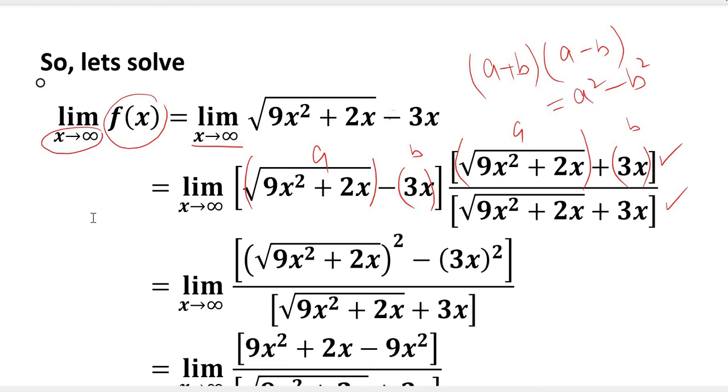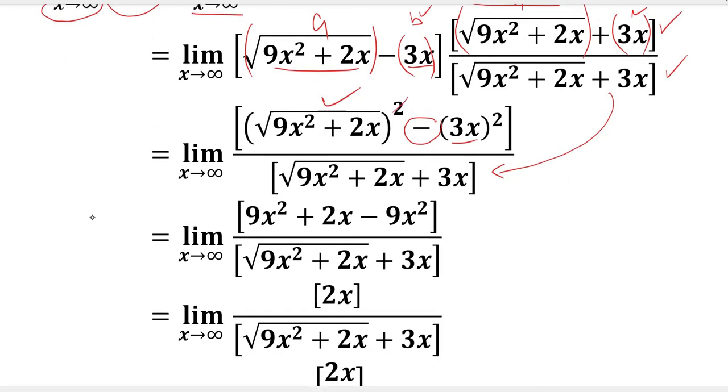So here the first one is this square root, and we take its square, then write a negative sign, and then take the square of b, the second one. The second one is 3x, we take the square of this one, and the denominator comes as it is.